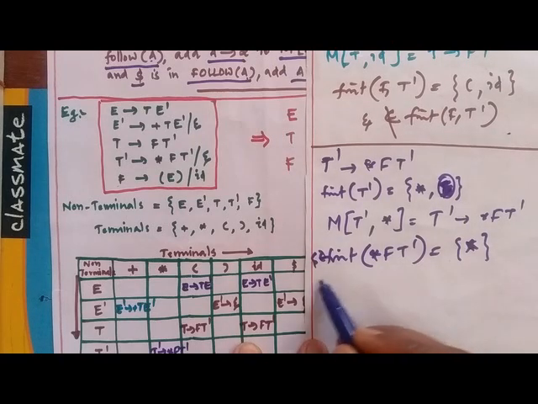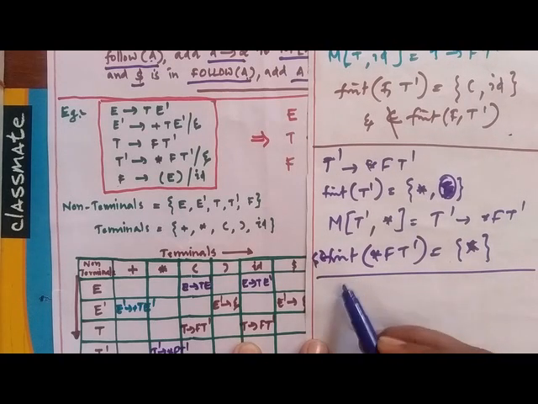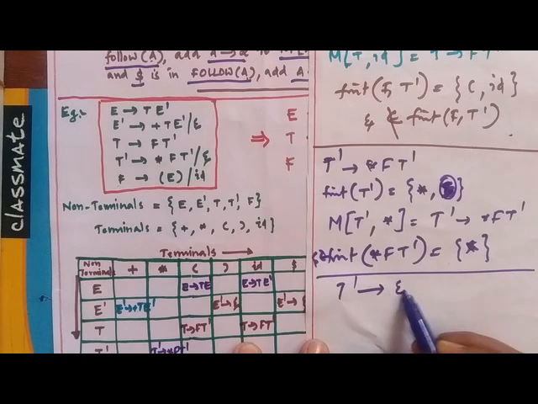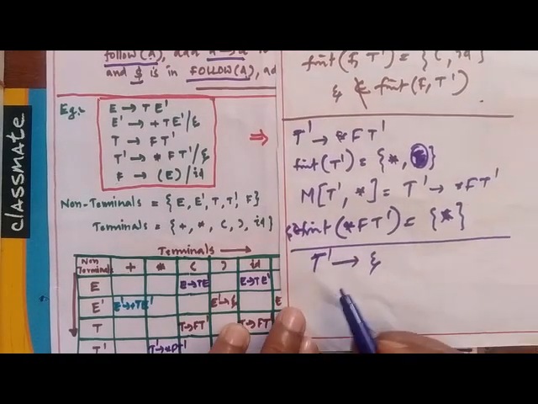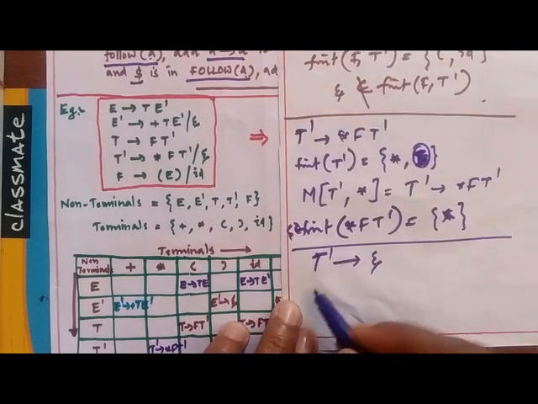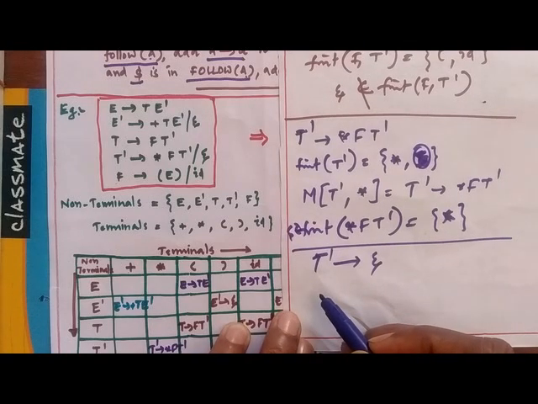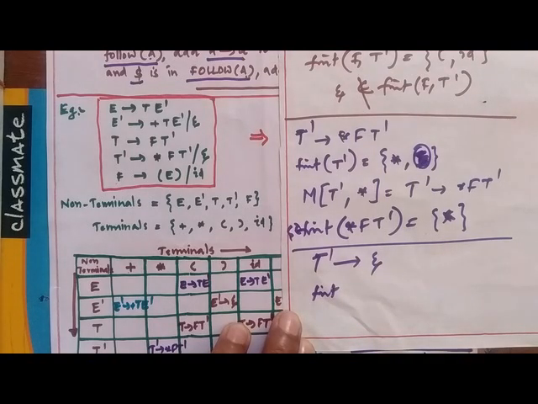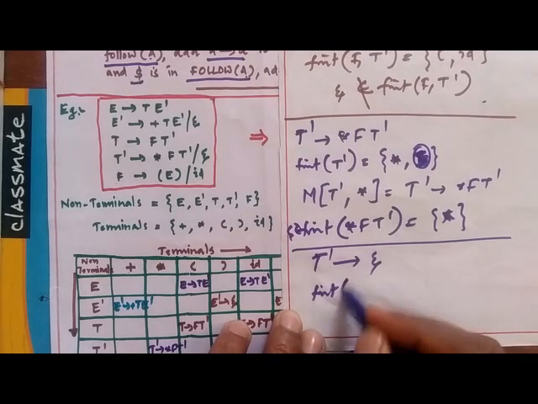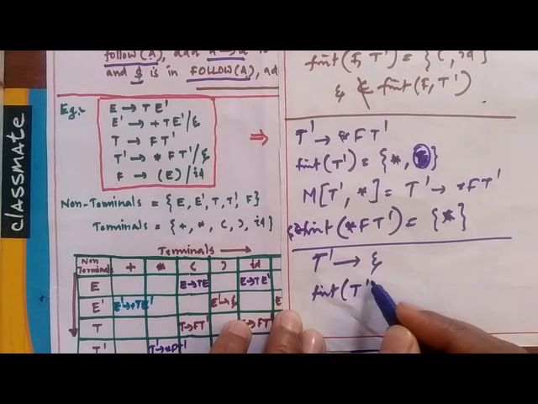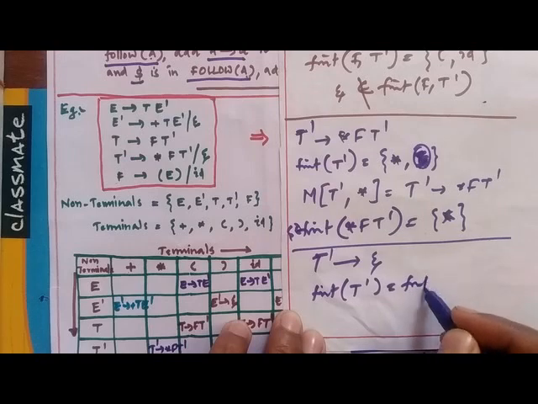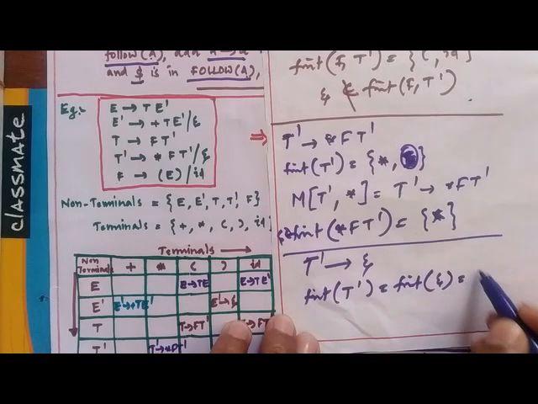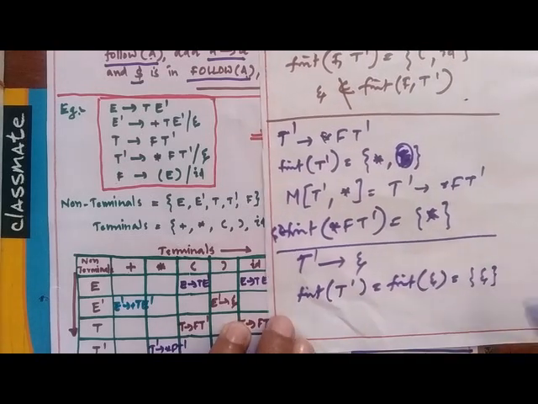The next production is T dash gives epsilon. So first of T dash is equal to first of epsilon, which is the set containing epsilon, so only epsilon.